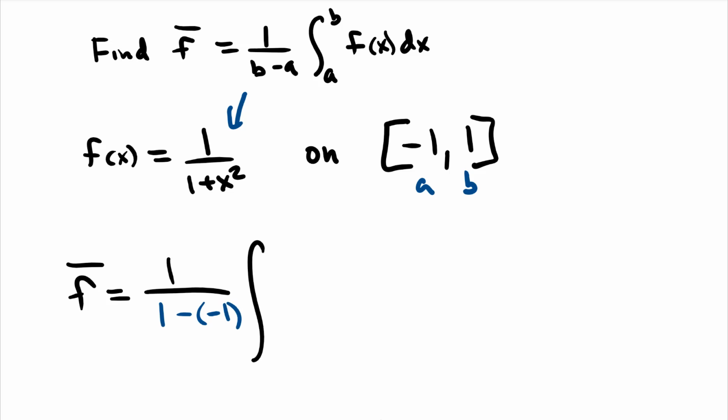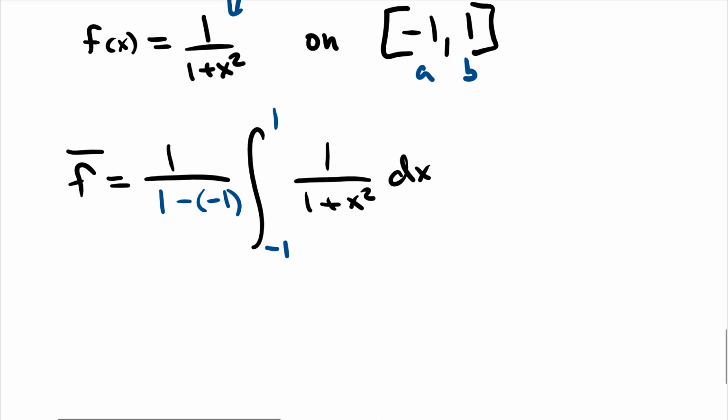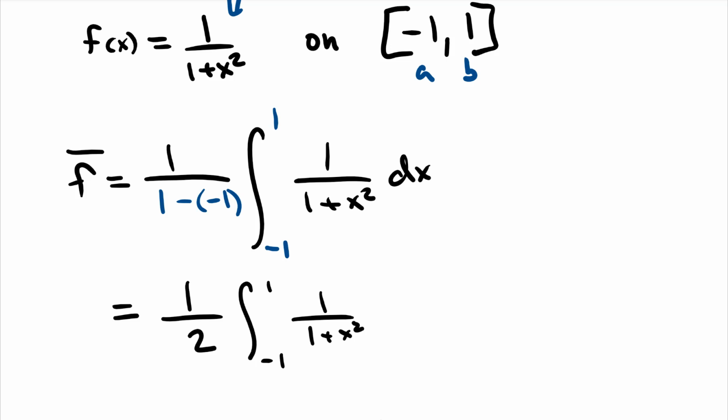Then we're going to integrate from -1 up to 1 of our function, 1 over 1 plus x squared dx. So let's clean up that left-hand side here. 1 over, so 1 plus 1, that's 2. We're going to take 1/2 the integral from -1 to 1 of 1 over 1 plus x squared dx.